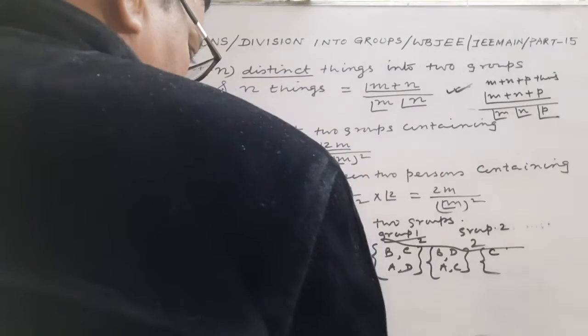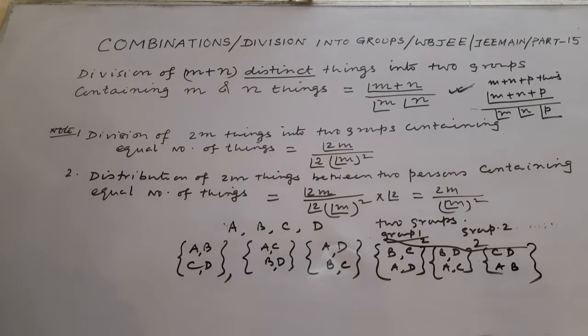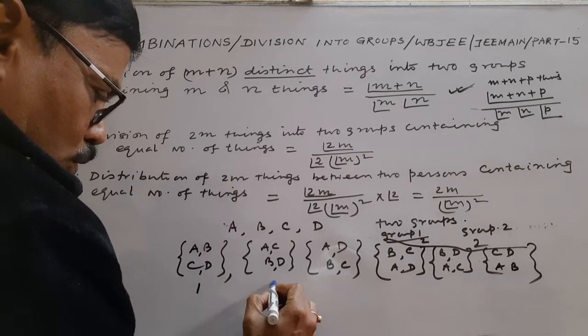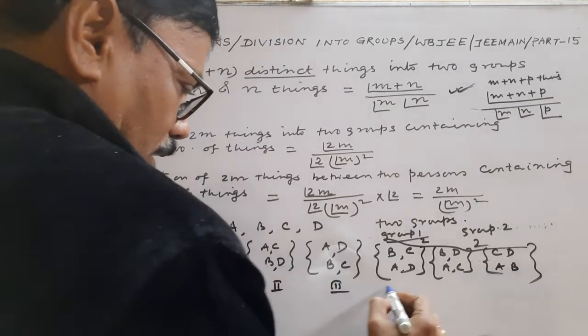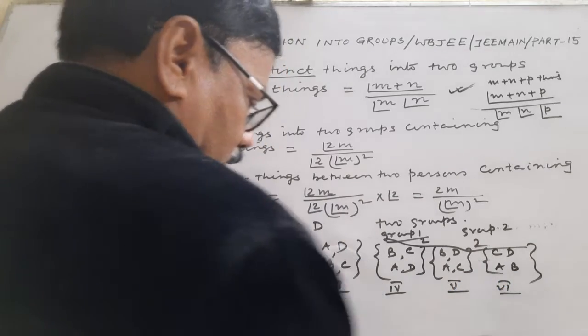CA already taken, CB already taken, so CD, and this will be AB. So this is 1, this is 2, this is 3, this is 4, this is 5, this is 6.